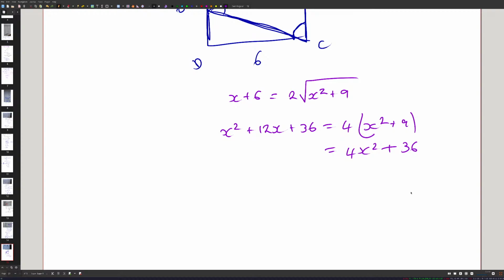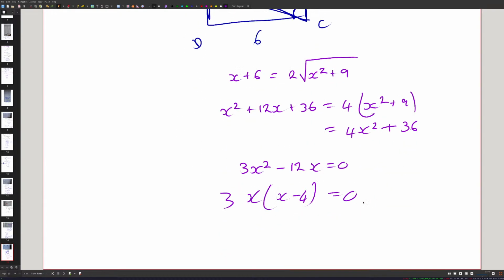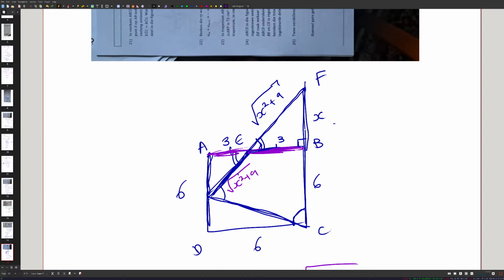And so we get 3x squared minus 12x equals 0. Divide by 3x: x minus 4 is 0. So x is 0 or x is 4. Well, x is clearly not 0, so x is 4, which makes this side over here 5. And this side over here 5, so that the total length of each side is 10, so that works out.